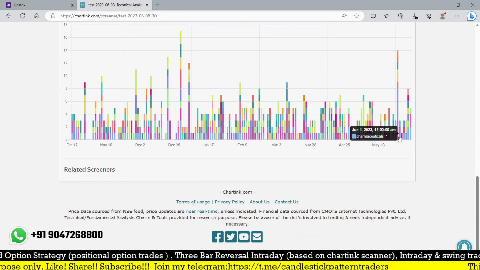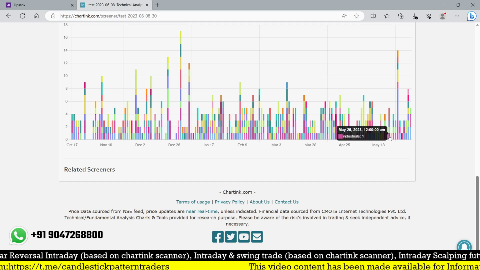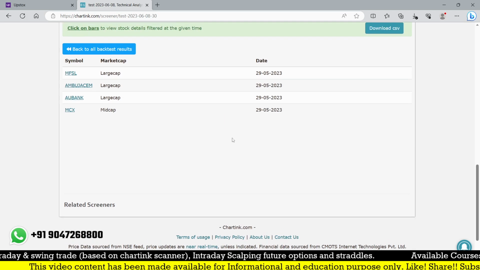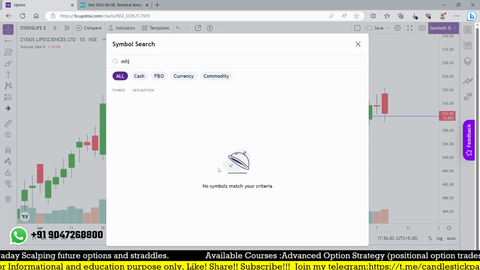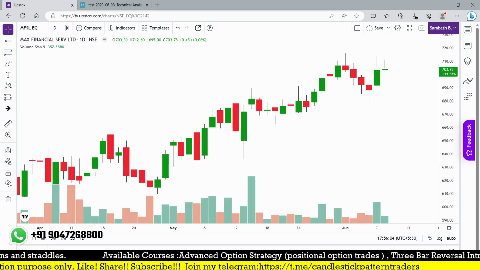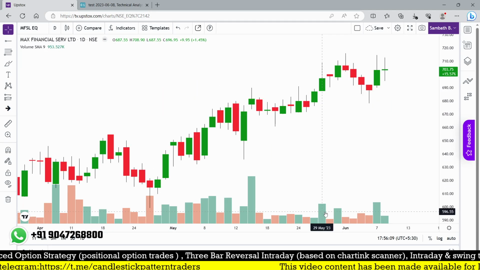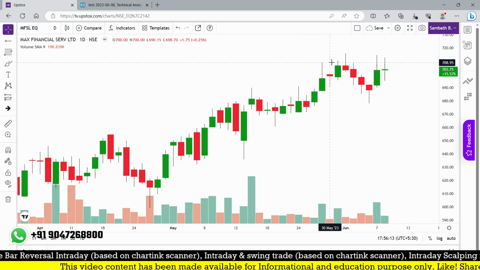Maybe we take 1 week or 10 days back to see how the stock worked, around the 25th, maybe 29th May. MFSL, Ambuja Cement. Let me check MFSL on 29th May based on the same concept at this point, and it was not giving such a big result.